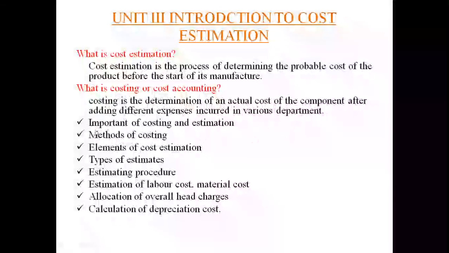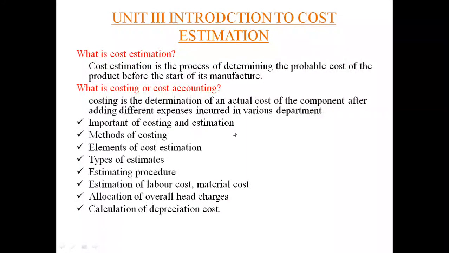In this unit, we will see the importance of costing and estimation, methods of costing, elements of cost estimation, types of estimates, estimating procedure, estimation of labor cost and material cost, allocation of overhead charges, and calculation of depreciation cost.